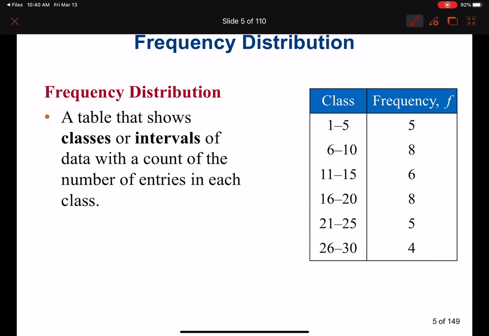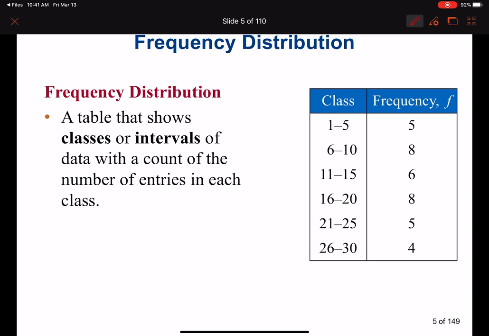Let's assume we have some database of, I don't know, people's age between 1 year old and all the way to 30 years old. As you can see here, we have 1 year old and then 30 years old. When we have such a variety of ages, it's quite complicated to do research on such a wide spectrum of ages.